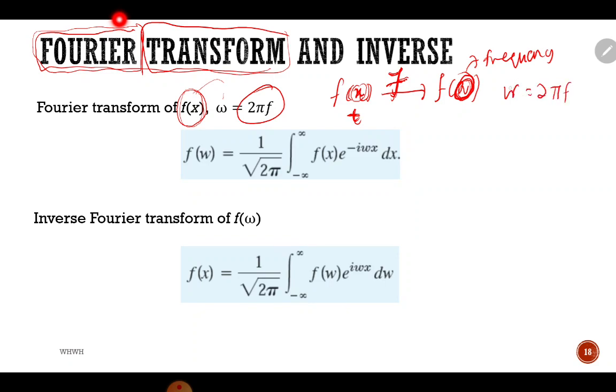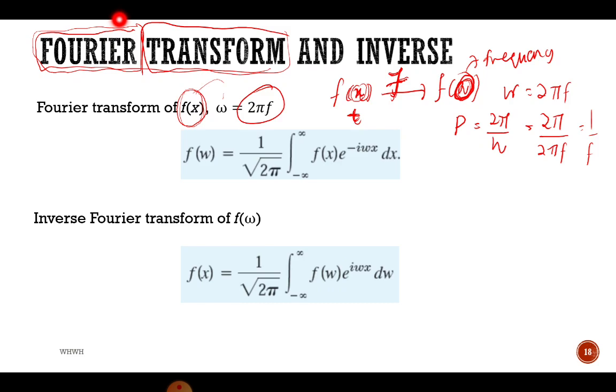We discussed this last week during my synchronous lecture, where I introduced that omega is equal to 2 pi over the period. Am I right? Because omega is 2 pi f, so you have 1 over f equals T. So clear, Fourier transform is used to transform from time or space domain into frequency domain.